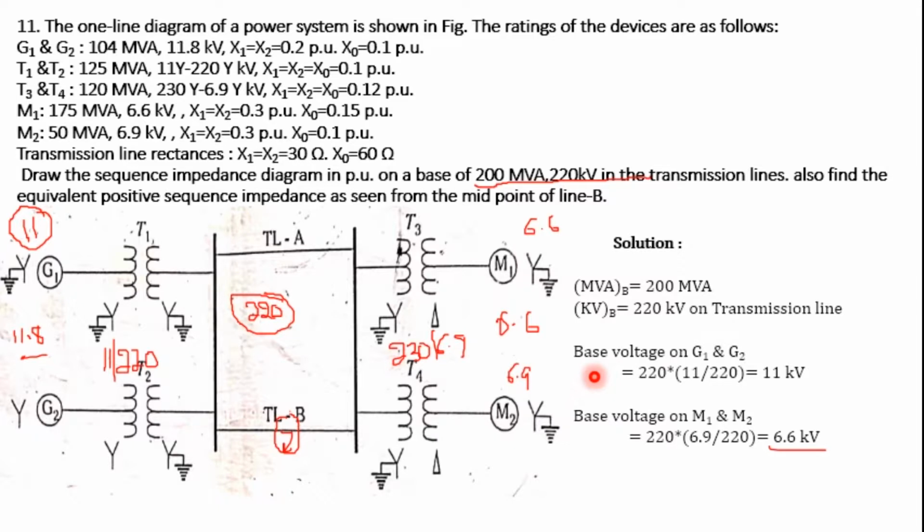So we have to be very careful here. Similarly for transformers T3 and T4, the high voltage side is 230 and the new value is 220. So we have to be very careful while calculating the reactances.